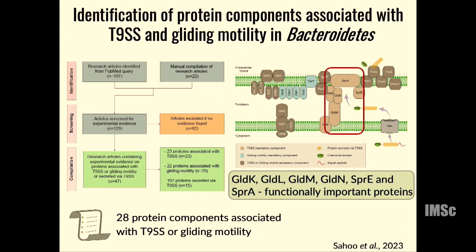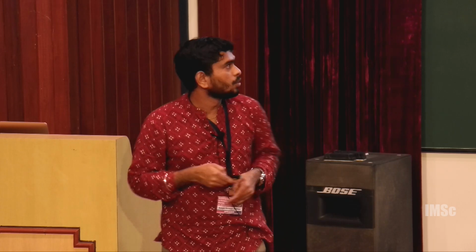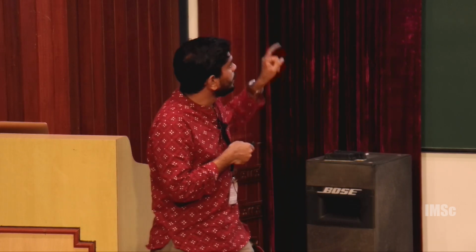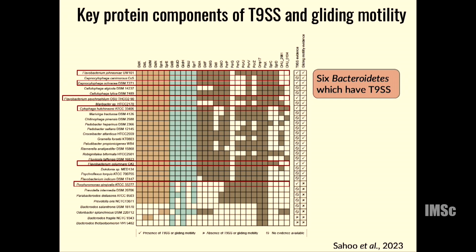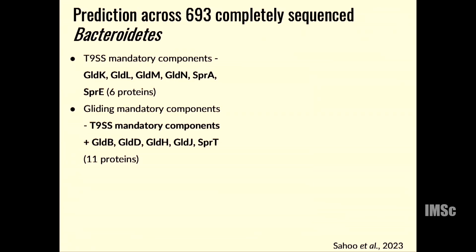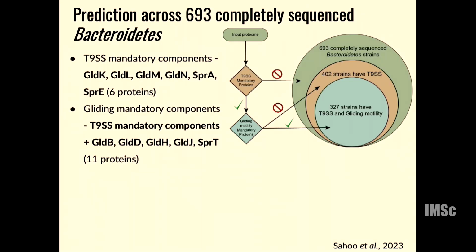Quick 2 questions. One is a follow-up of this question: how conserved are these 6 proteins across all these Bacteroidetes? These are the experimental set where we see that they are conserved. But if you see Bacteroidetes, we have taken 693 Bacteroidetes, and we see that all these 6 proteins are conserved across 402 strains.